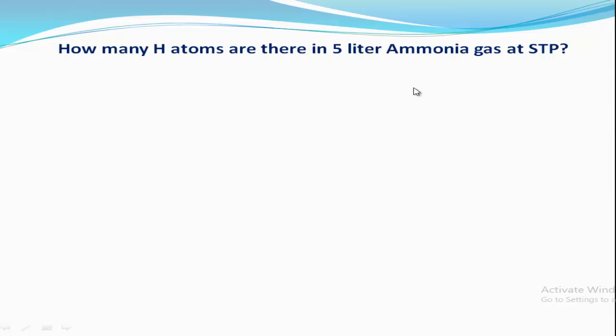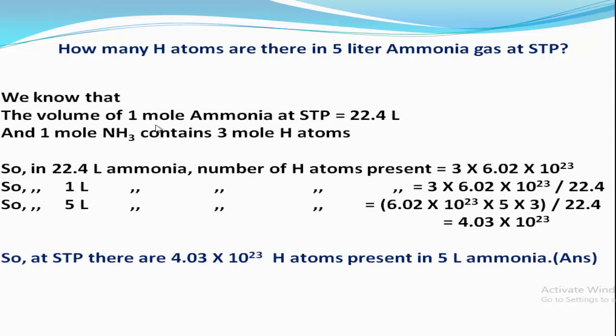How? Follow here. The volume of 1 mole ammonia is 22.4 liter, and 1 mole ammonia, NH3, contains what? 3 mole hydrogen atoms. Here we will not write about nitrogen because only the number of hydrogen atoms we have to determine. So 1 mole ammonia contains 3 mole hydrogen atoms.